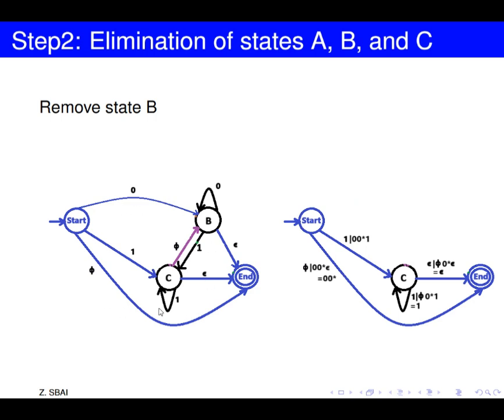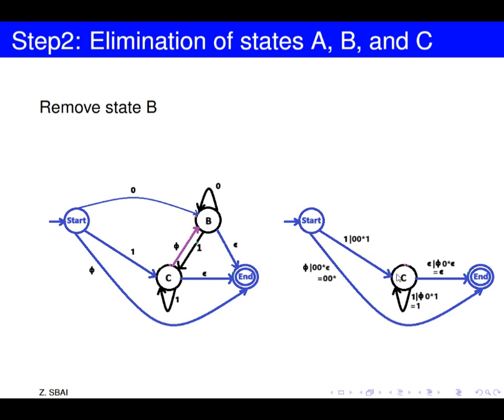We cleaned the last diagram here after removing the state A, and now we'll focus on the state B and remove it. The machine to the right is the one without the state B, and on which all the remaining transitions were modified.